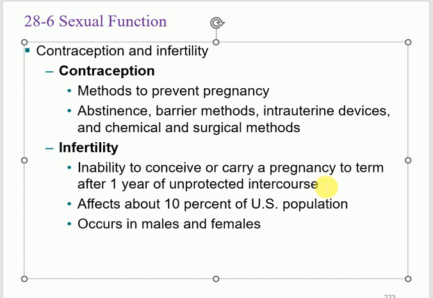And infertility can be coming from males or females. They usually start with the male, followed by the females, and there are different ways. I'm not going to go into the details, but again, I just want to emphasize the difference between erectile dysfunction, which is the impotence, versus infertility.